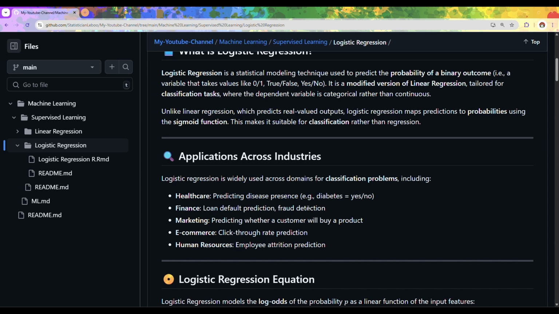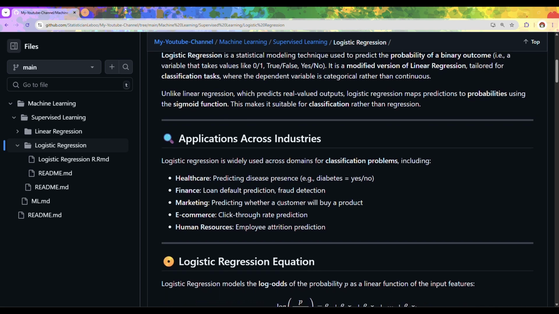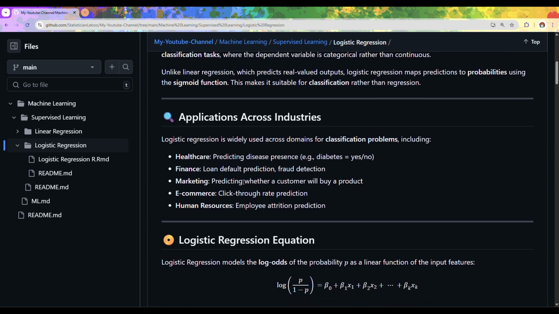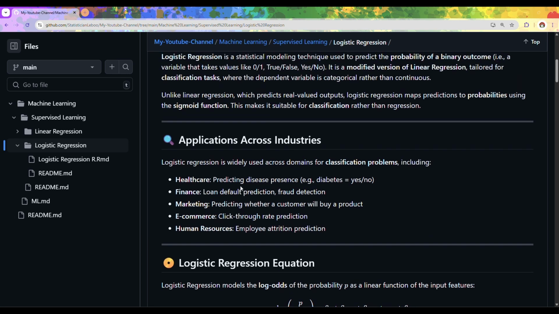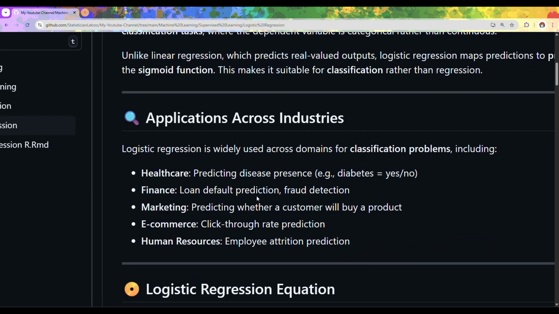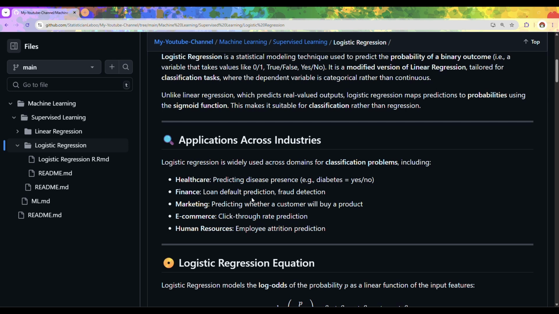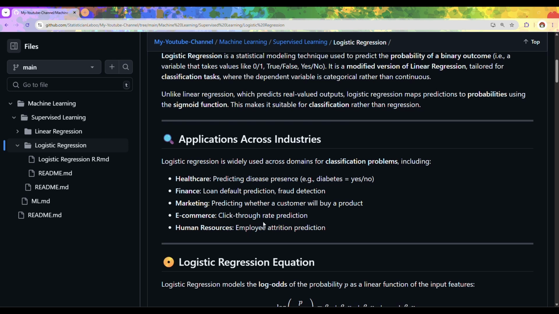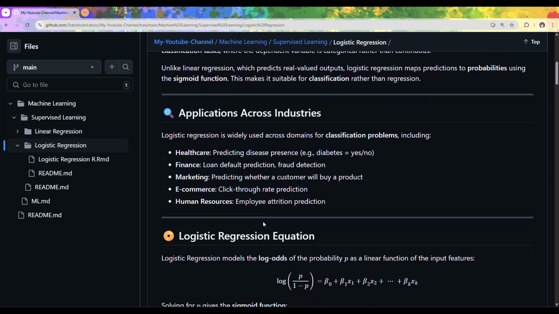One of them is healthcare, where we have, for example, prediction of a disease, whether somebody has a disease, cancer, yes or no, whether a person has passed on, yes or no. Then we're also in finance, where we have fraud detection, whether a transaction is fraud, yes or no, or whether an individual has defaulted on a loan, yes or no. We also have classification in finance, where individuals can assess whether they are creditworthy, yes or no. We can do it in e-commerce and also employee attrition rates, where we are looking at whether employees will leave a company, yes or no.